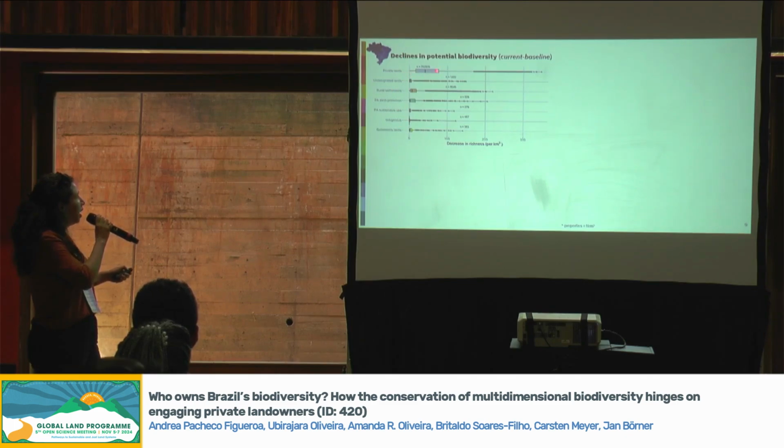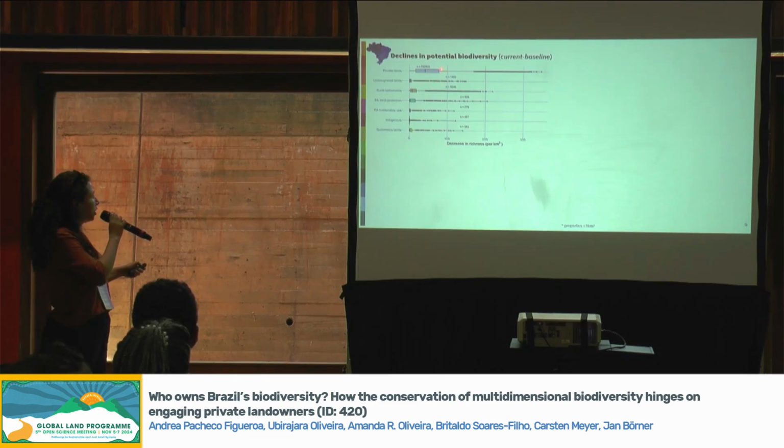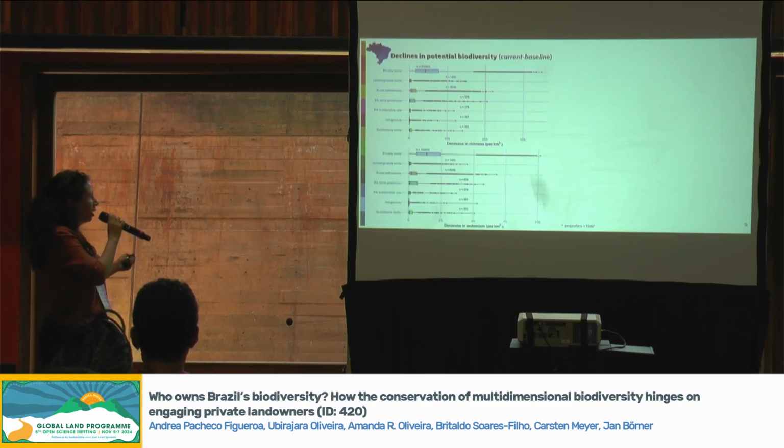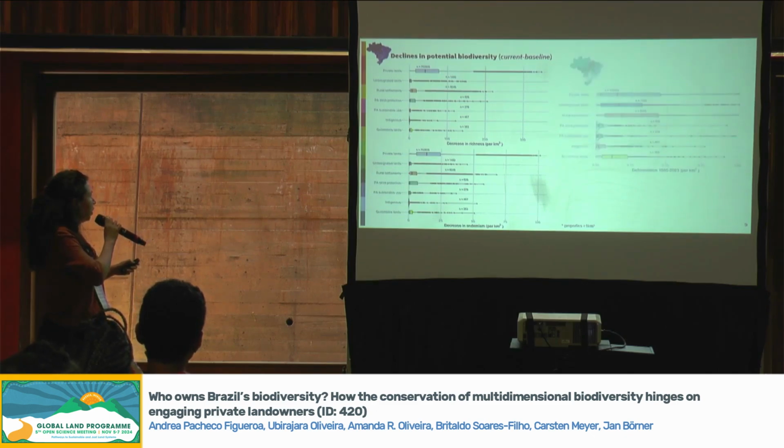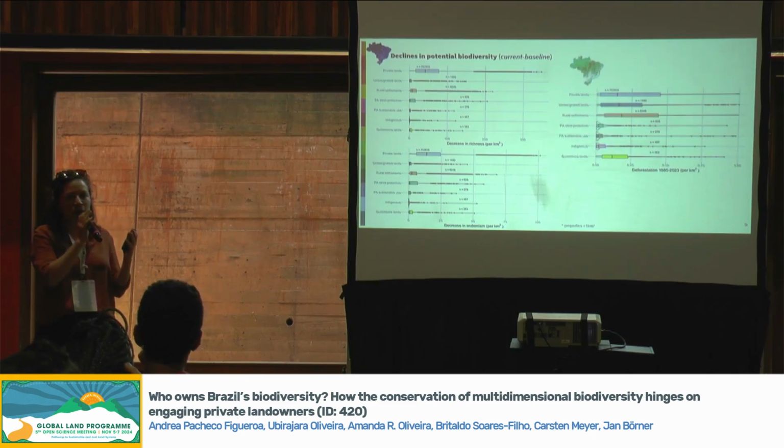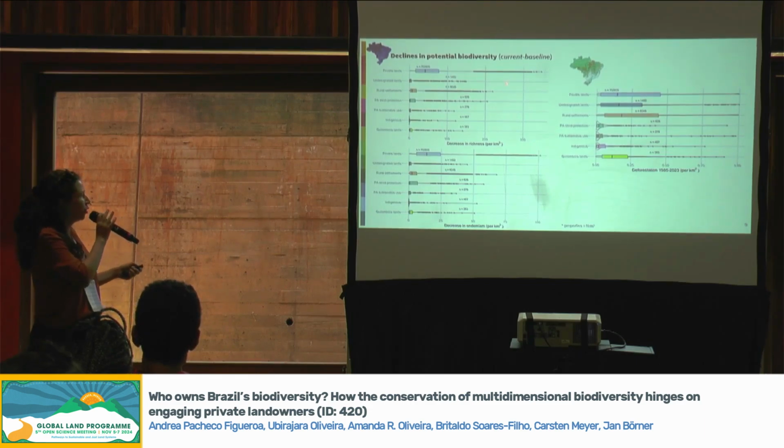Here we see that on average there were larger decreases in species richness per square kilometer per property in private lands as compared to all these other tenure categories. And this is very similar for endemism. Whereas, if we compare this to deforestation, this is a bit more ambiguous because we know that a lot of deforestation occurred also in these undesignated lands and rural settlements.